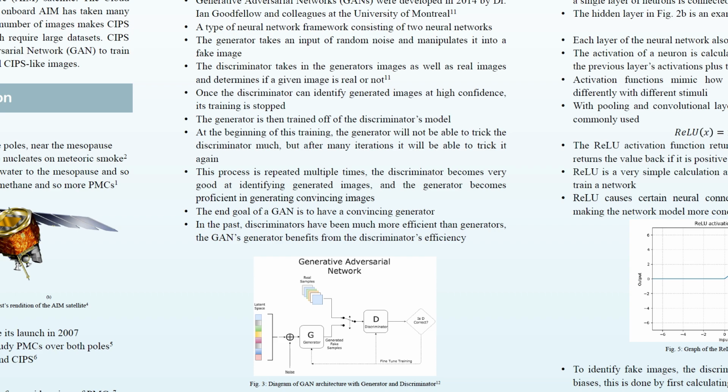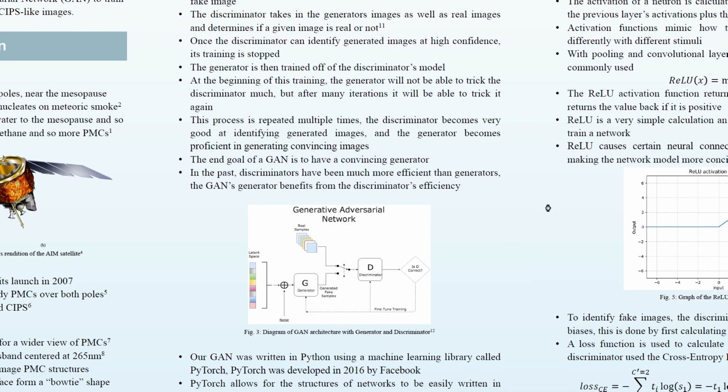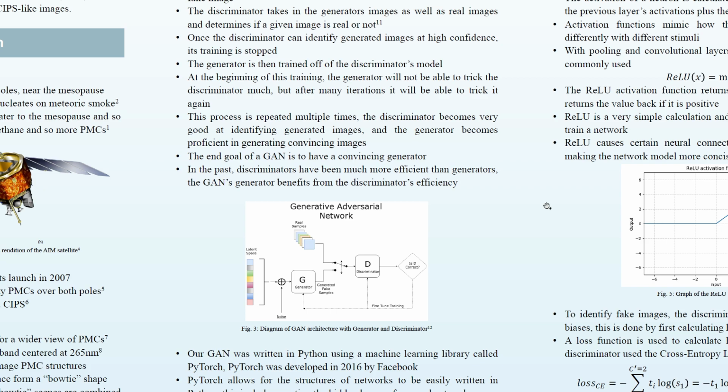Once the discriminator is confident in its ability to distinguish between real and fake images, you then use the model from the discriminator to train the generator. The generator is trained based off of how good at tricking the discriminator it is. In the beginning, the generator is not really going to trick the discriminator a whole lot because it's just going to be random noise, which looks nothing like real images.